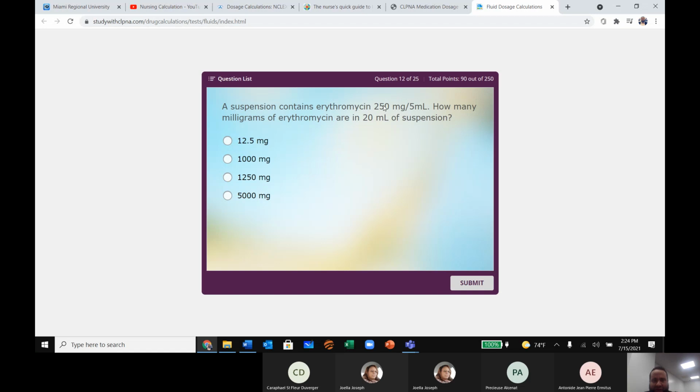We have in 5, we have 250. How many do we have in 20? 12.5.